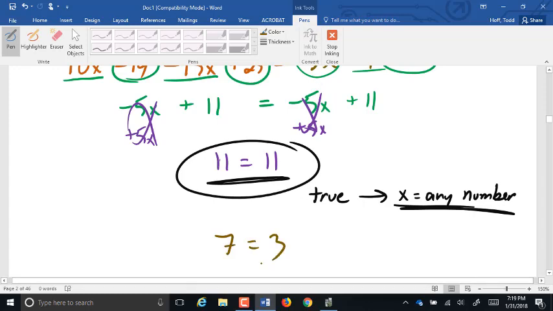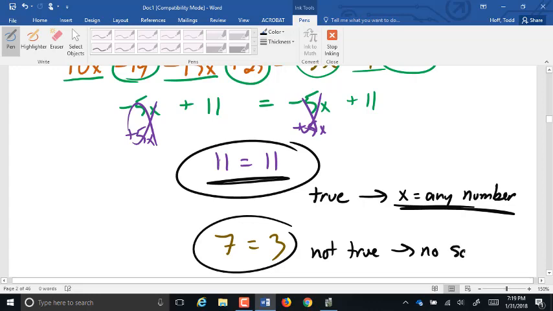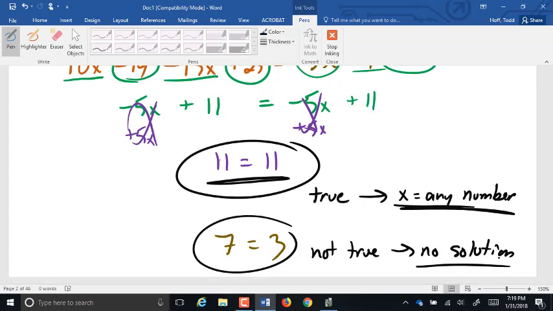That, of course, is not true. What that means is there are no solutions. There is no value I can put in there for x that would make 7 equal 3. I'll try not to do that to you too often, but I had to show that example just so it was out there. Any questions?